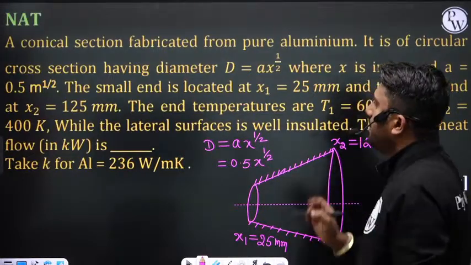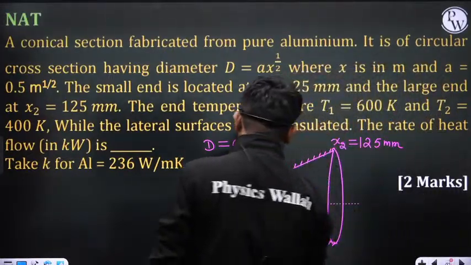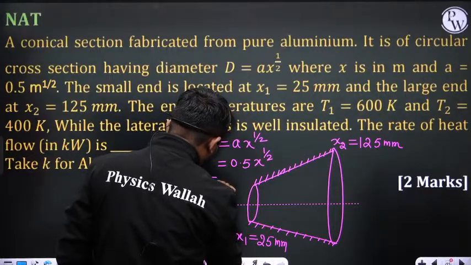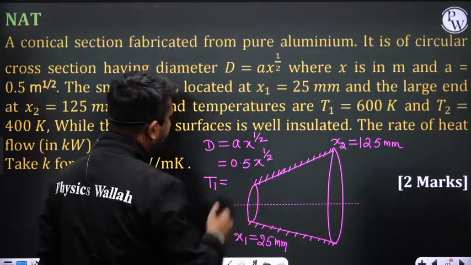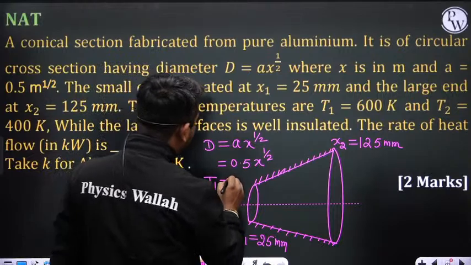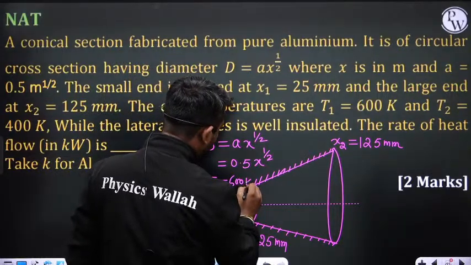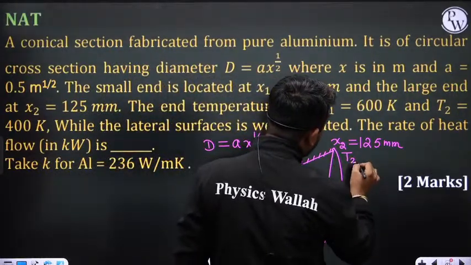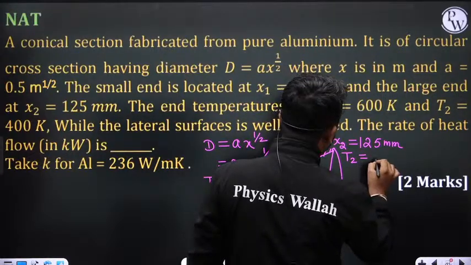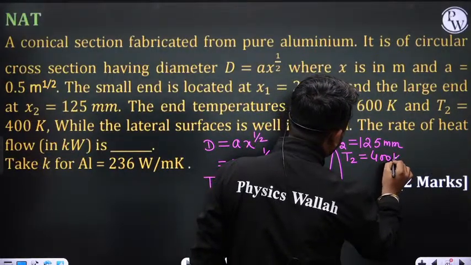And the temperature is given. At this section, temperature T1 is 600 Kelvin and at this section the temperature is 400 Kelvin, right?